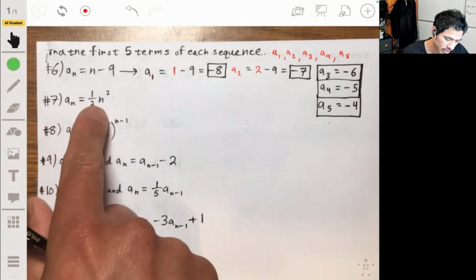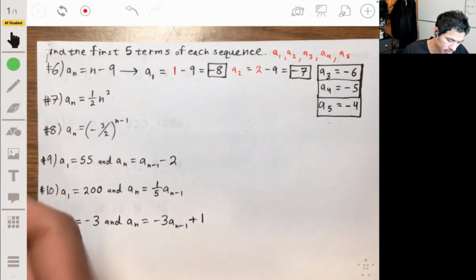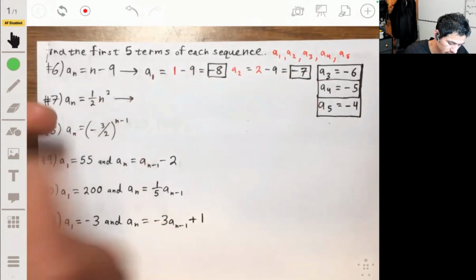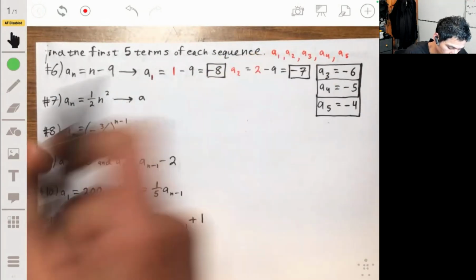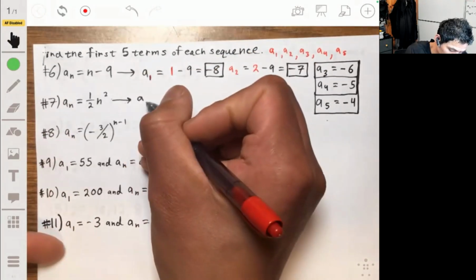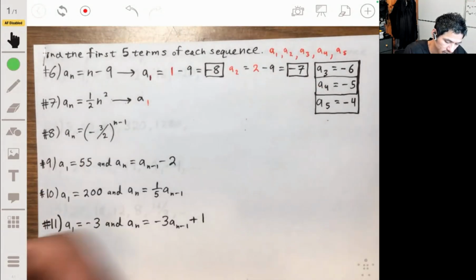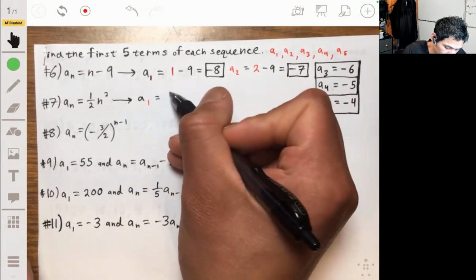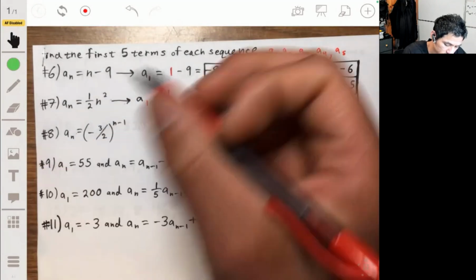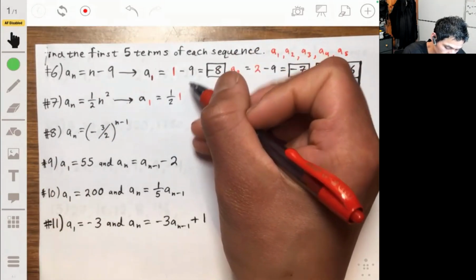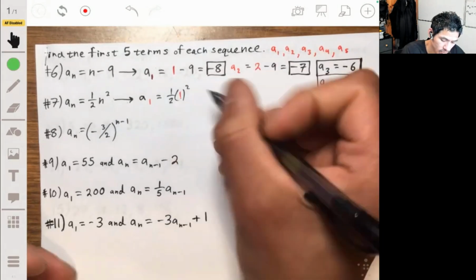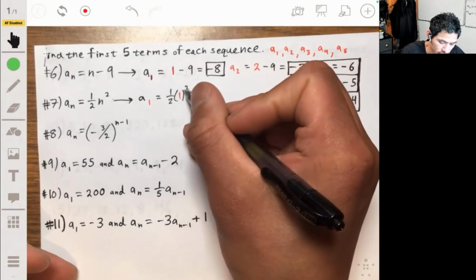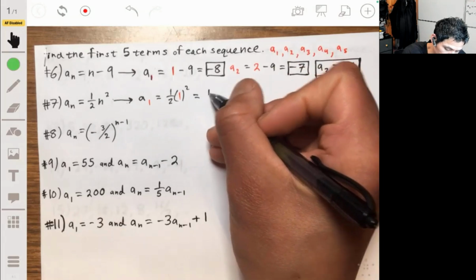So an is given by this equation, 1/2 n squared. Again, the same idea as the first problem. Wherever that n is, we're going to plug in a 1, 2, 3, 4, and 5. So A1 will be 1/2 times 1 squared, which will be 1/2 times 1, or just 1/2.